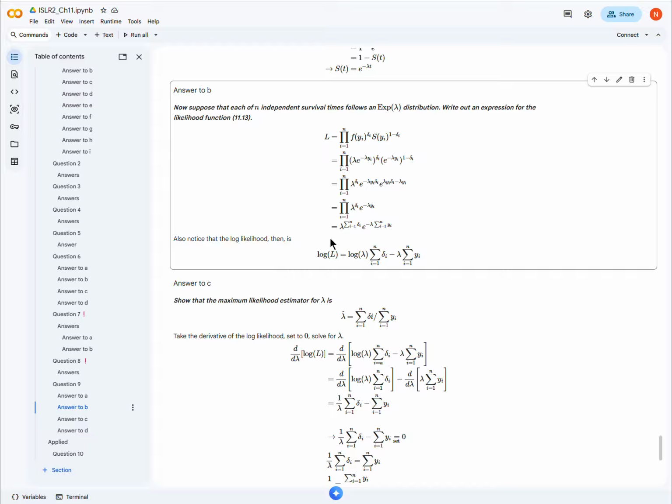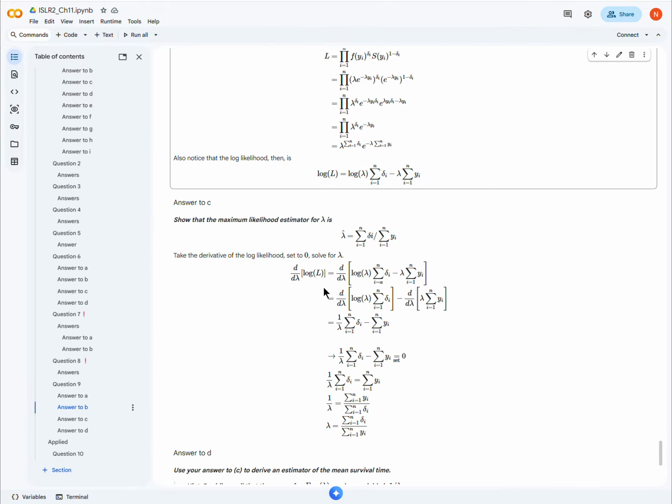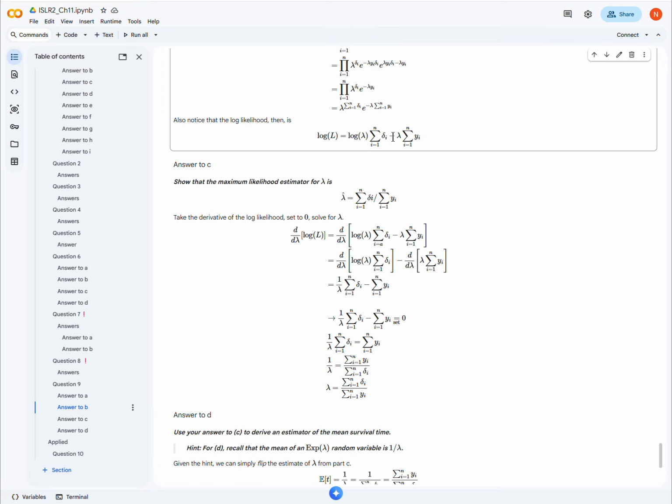That's important because in part C, we're going to find the maximum likelihood estimator for lambda. The way that we do that is by taking a derivative of the log likelihood, setting it to 0, and then solving for lambda. And often the log likelihood is much easier to take derivatives of than the raw likelihood.